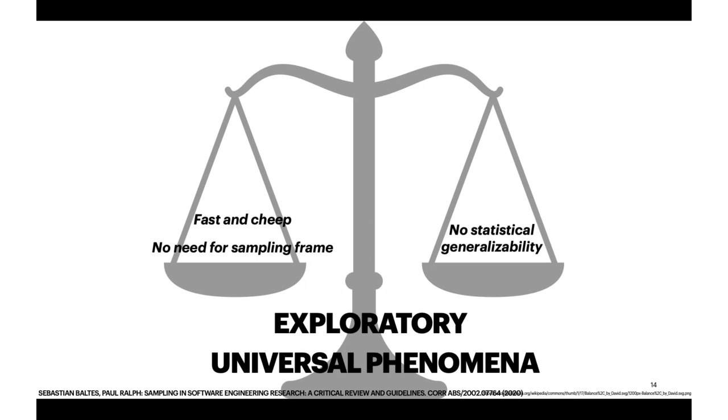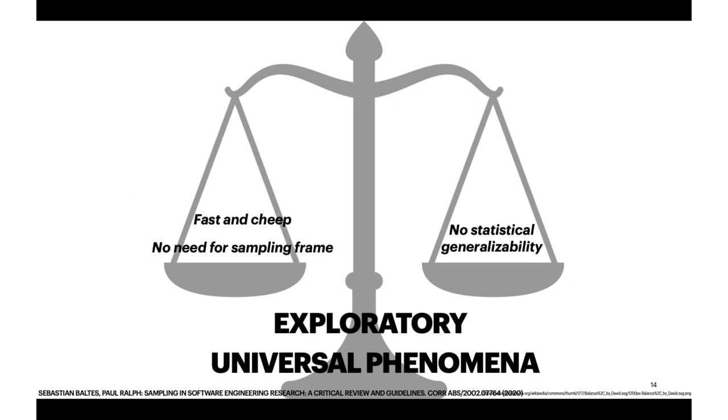Alternatively, convenience sampling can be fine if we are trying to study universal phenomena, if essentially what we are trying to study is related to us being human beings rather than developers using specific technology in a specific organizational context.